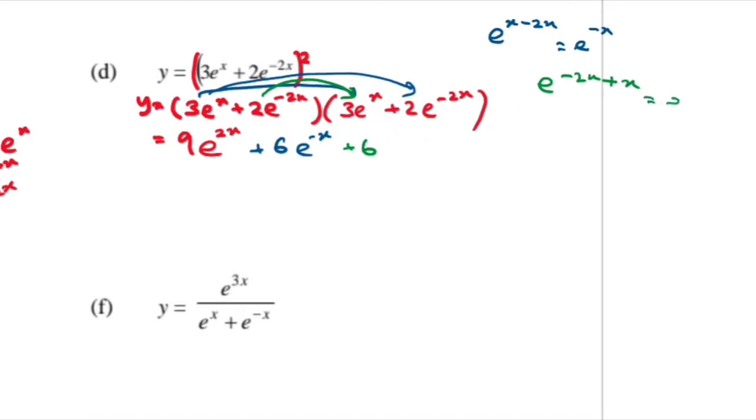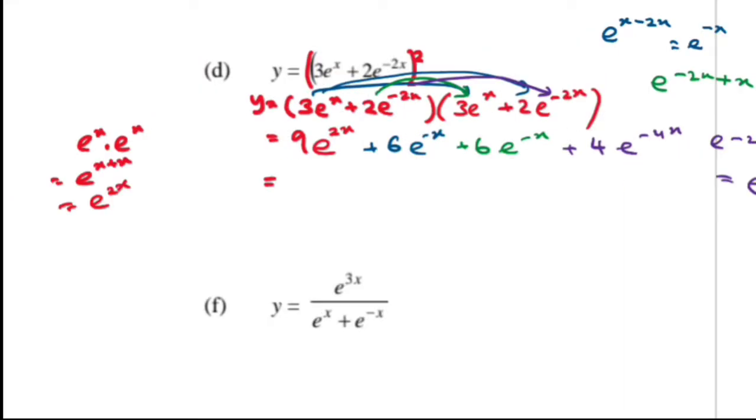So what you get is e power of negative x. Write it there. And lastly, multiply the last term. 2 times 2 is 4, e power of negative 2x plus negative 2x. And this is just negative 4x.